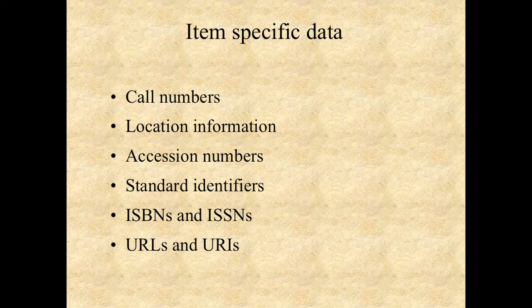We might also have things like notes on specific items, like say that this is an autographed copy, or this copy is damaged in one way or another, or it's missing pages, or it's been bound with another work, and so on. All of these would be examples of item-specific data.